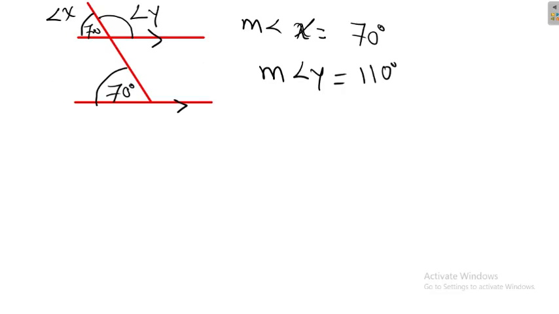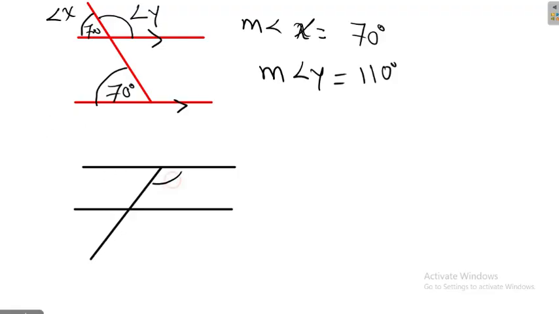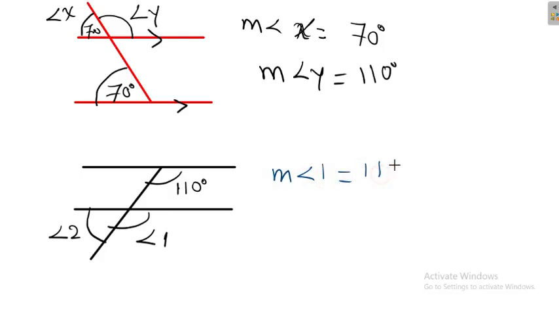Another problem. Angle 1, angle 2. Measure of angle 1 equal what? 110.